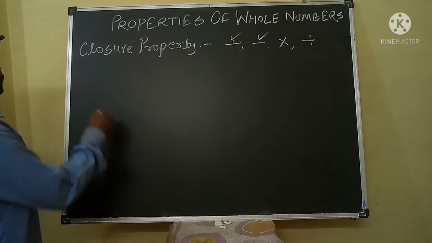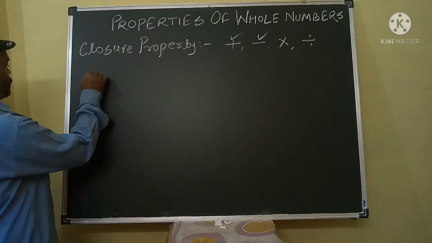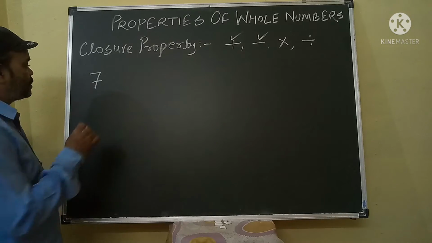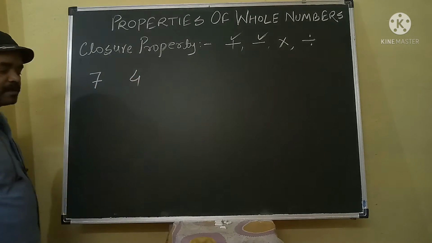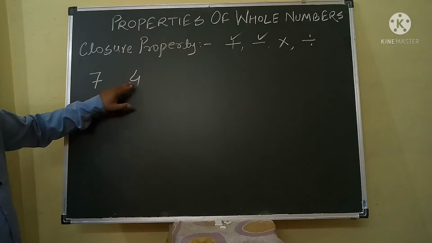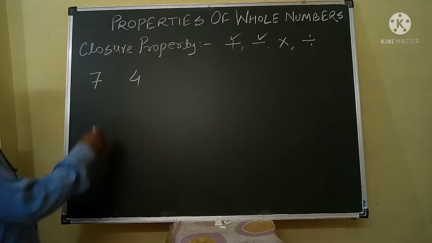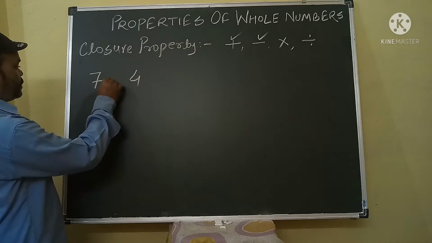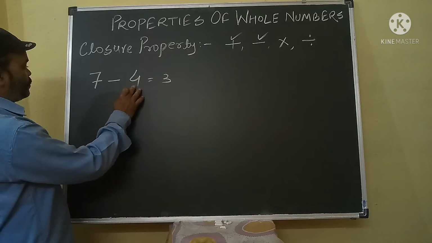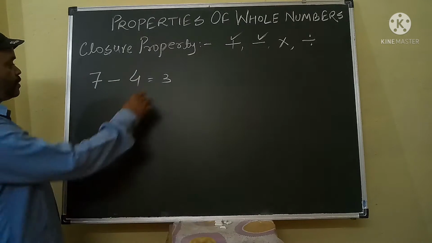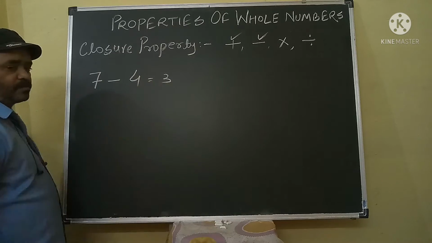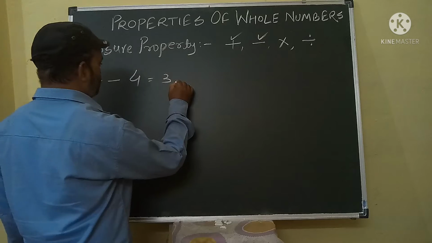Suppose this is 7. 7 is a whole number and 4 is another whole number. If you subtract 4, then you will get 3. 7 minus 4 is equal to 3. That means 3 is a whole number.